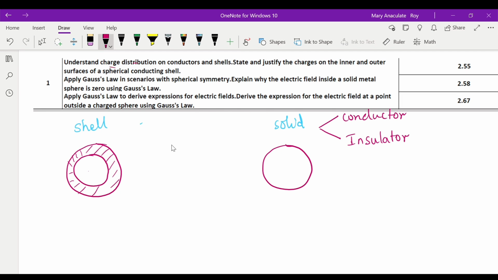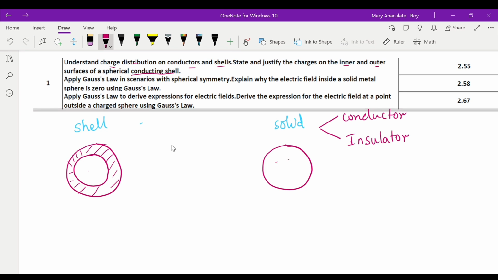Understand charge distribution on conductors and shells. State and justify the charges on inner and outer surfaces of a spherical conducting shell. You see here it's mentioned conducting shell. Now, if you take a solid conductor, we have the free electrons moving inside.